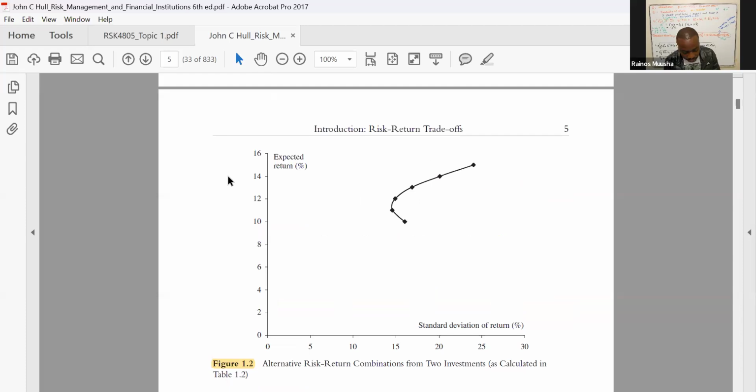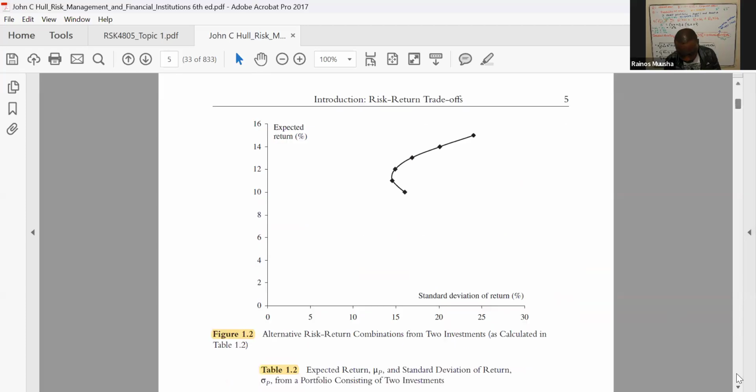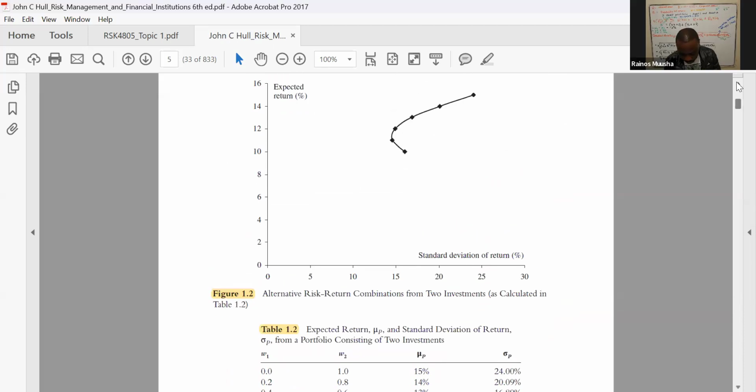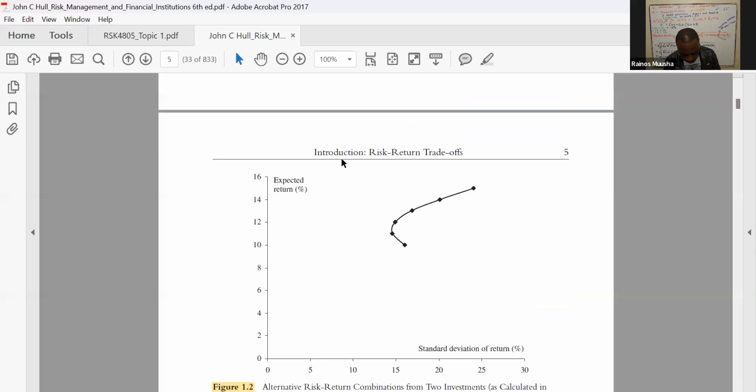you will see that we have 15% expected return and 24% standard deviation. So when you plot these two together, they are going to be meeting at this point. 15% is going to be roughly somewhere in between 14 and 16.